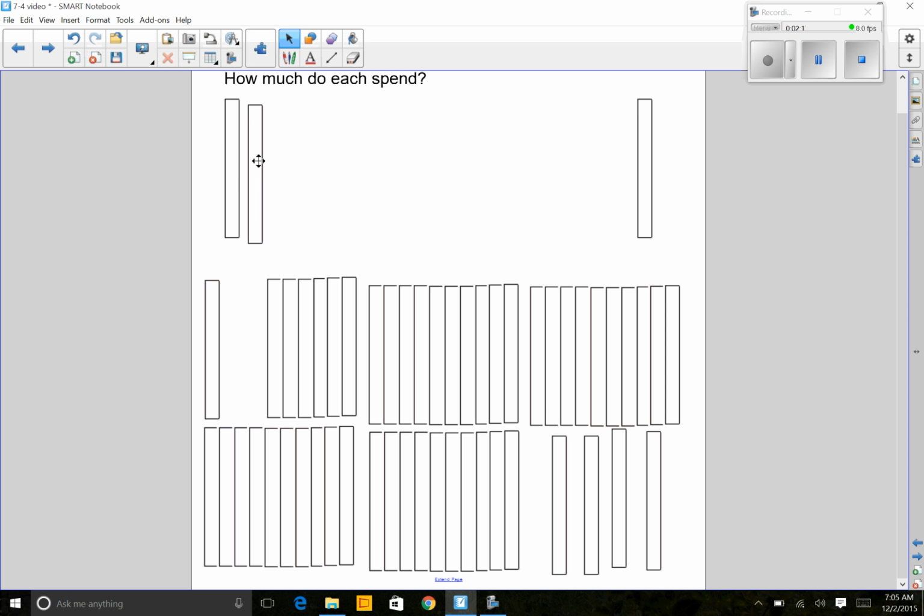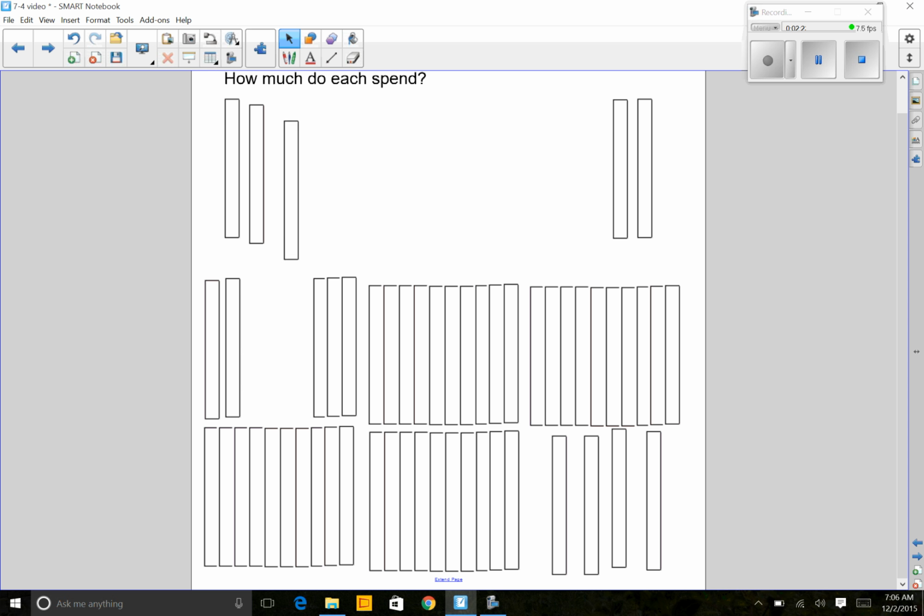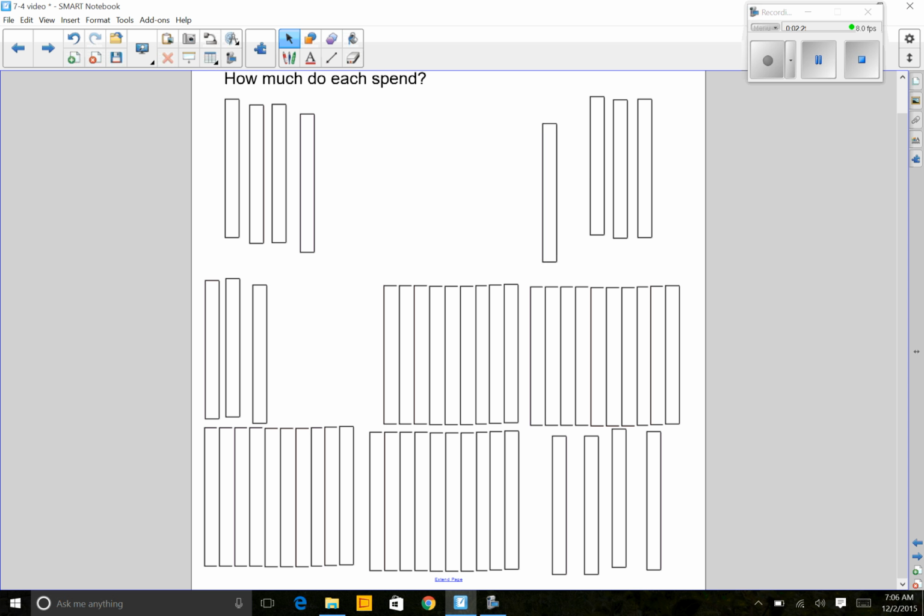I'm just going to keep dividing into three groups, creating three equal groups.